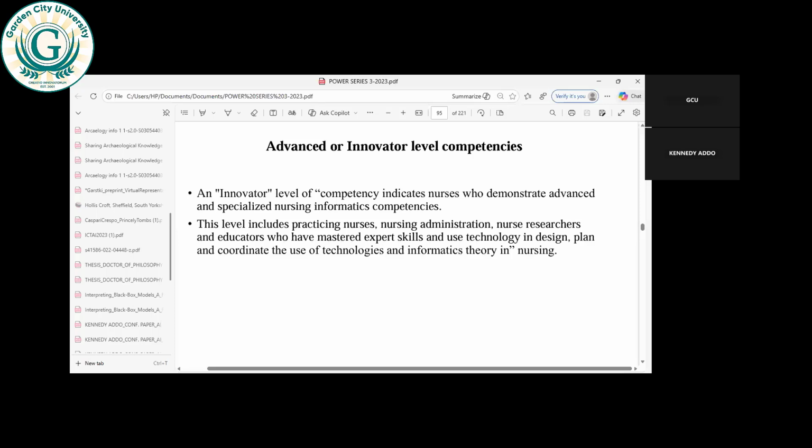You have weathered storms, been a beginner before, have also gone through the intermediate level, and you have seen all situations, and therefore you have advanced, or you are considered an innovator. What you do is plan in the design of the software, in the transition of nursing relevant information to automated systems or computerization.